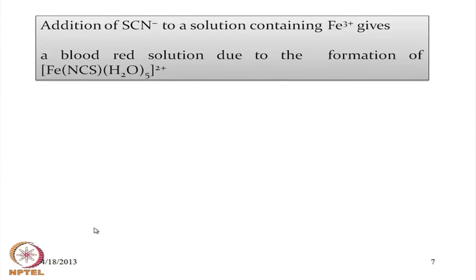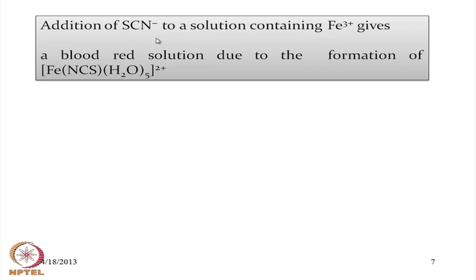So, we see how thiocyanate, which is a very simple reagent for reacting to any metal center, can also be a very good analytical reagent for us. When we add thiocyanate, this is colorless and this is light yellow in color.